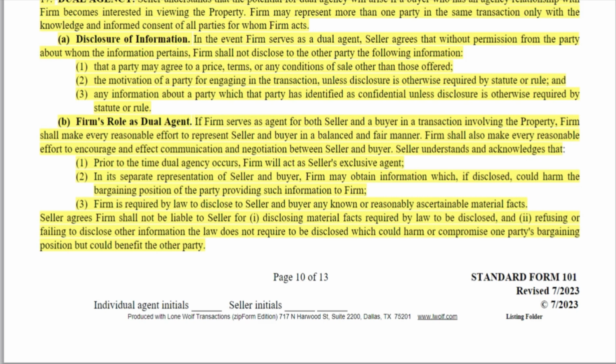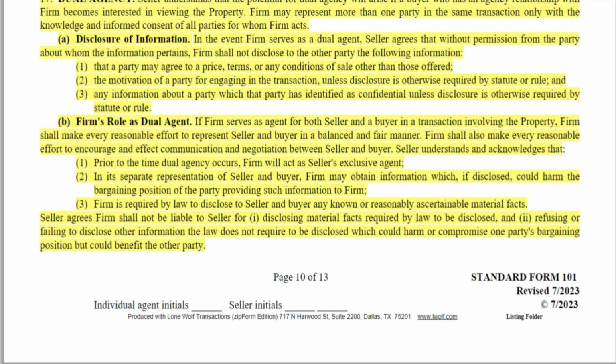The seller agrees that the firm shall not be liable to the seller for disclosing material facts required by law to be disclosed, and refusing or failing to disclose other information the law does not require to be disclosed, which could harm or compromise one party's bargaining position, but could benefit the other party.